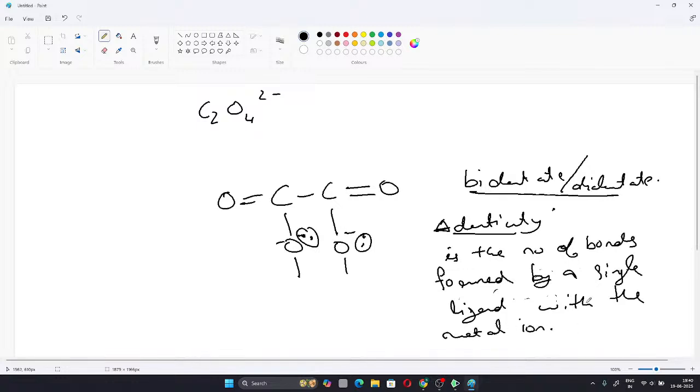This is the property of denticity. In the case of oxalate, we see it is bidentate, capable of forming two coordinate bonds.